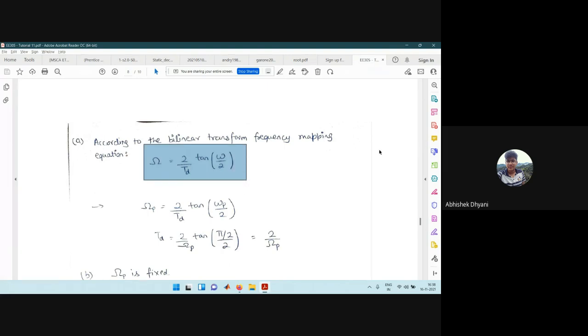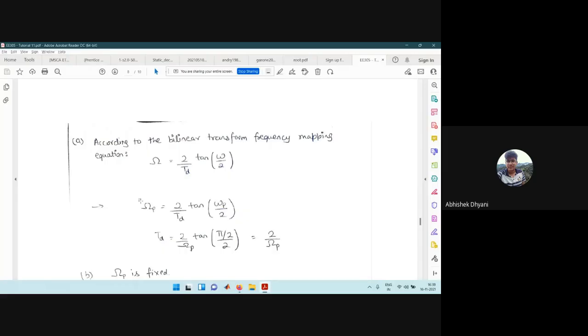So this is also an important result, and you can see the difference here: when we had the impulse invariance case, we had capital omega times Td equal to small omega. But now for the bilinear transform, this is the relation, right? So if I substitute capital omega as capital omega p, then the small omega must be replaced with small omega p.